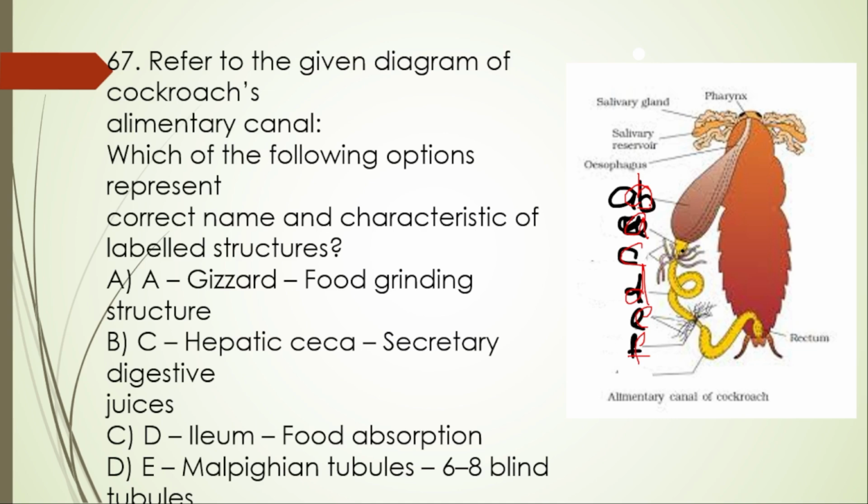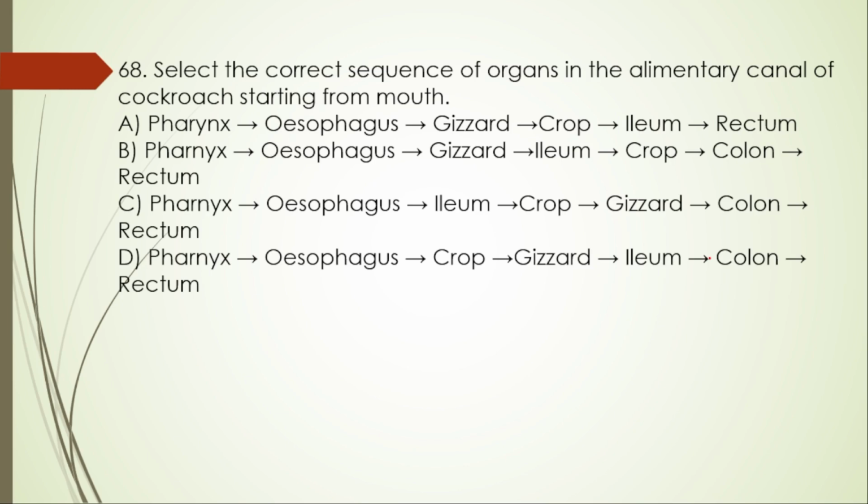And then B is crop, actually food storing, and that one is not there in the option. So we will go with option A itself, because other things are wrongly matched. Ileum is not for food absorption, and malpighian tubules are 6 to 8 blind tubules, so this one is also wrong. So here the 67th one, the right option is option A. Next comes about 68.